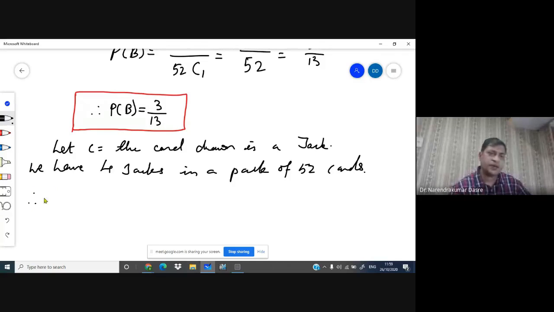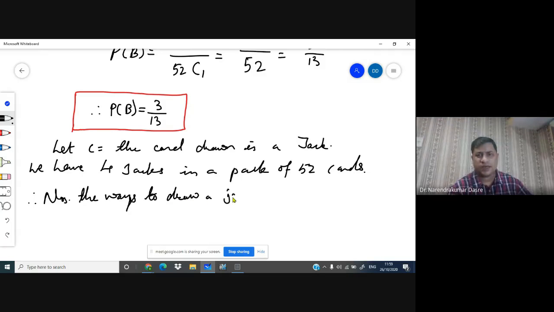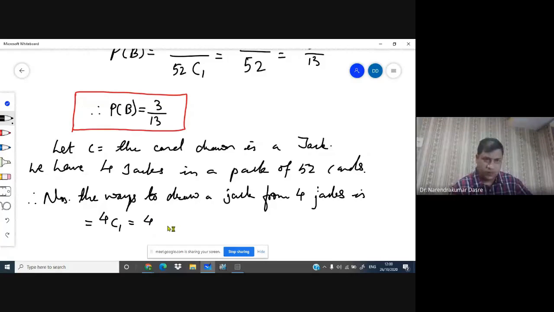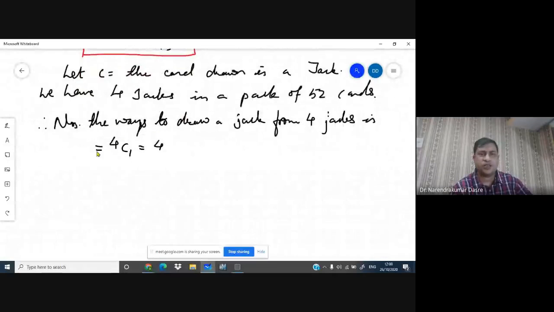Then we can calculate the number of ways. The number of ways to draw a jack from 4 jacks is 4C1, which is going to be 4. And once I know the sample points in any event, we can find the probability of that event.